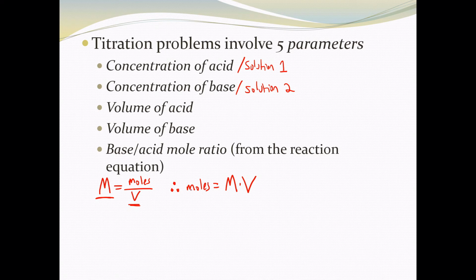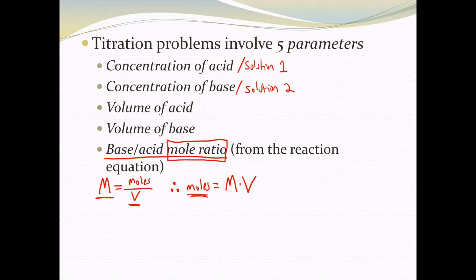That's important because the reaction equation will give you the mole ratio, and this will allow you to find either moles of acid or moles of base, and then from there find concentration of acid or concentration of base, which is what most titration problems end up being.